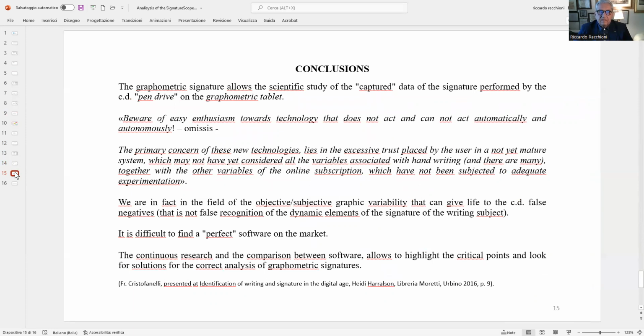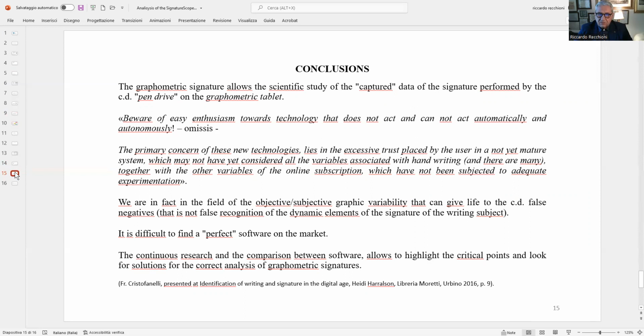Conclusion. The graphometric signature allows the scientific study of the captured data of the signature performed by the pen on the graphometric tablet. Beware of easy enthusiasm towards technology that cannot act automatically and anonymously.